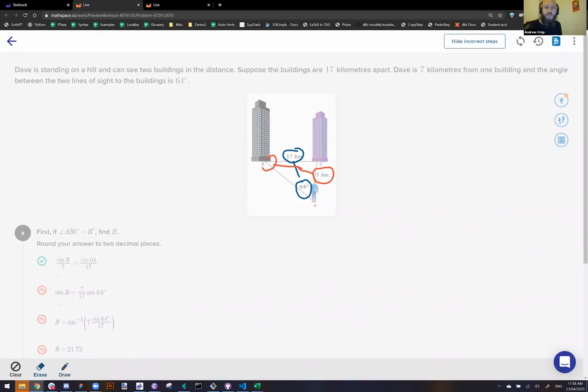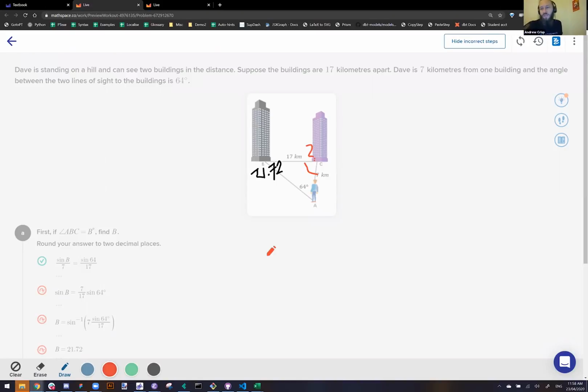I now know that this angle there is 21.72. Now the next question is going to ask me for this angle here.